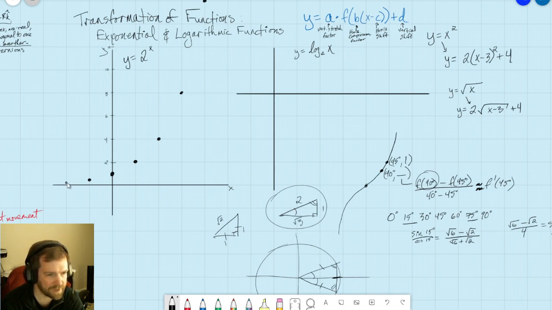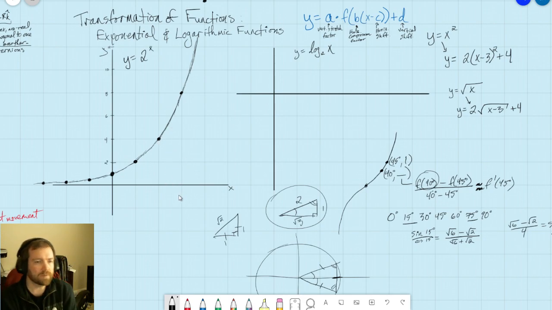Over 1, halve the distance again, becomes a quarter. Over 1, halve again, becomes an eighth. And then we draw this in. All right, looks something like this.